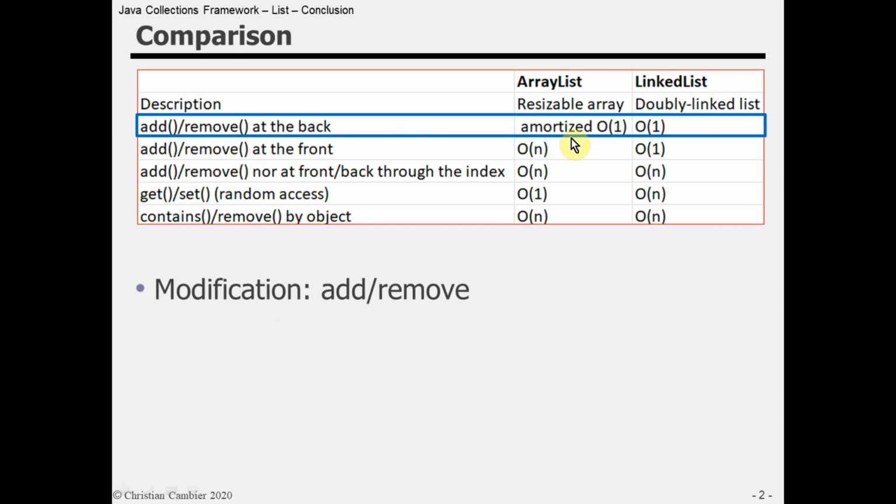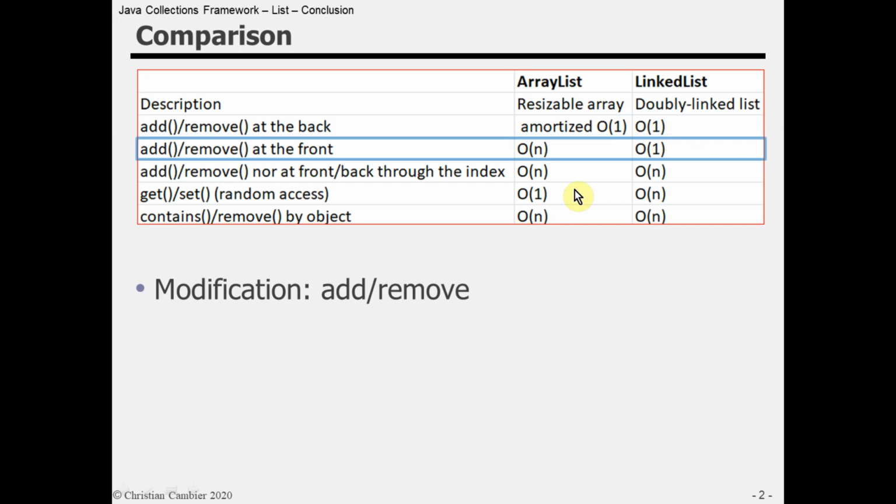So globally we call it amortized O(1). LinkedList is O(1). Add and remove at the front: ArrayList needs to perform a shift of elements, occasionally a resize, therefore it is O(n), and LinkedList is O(1).